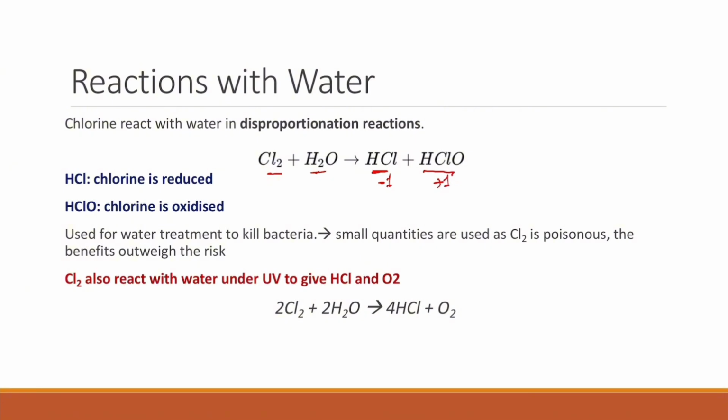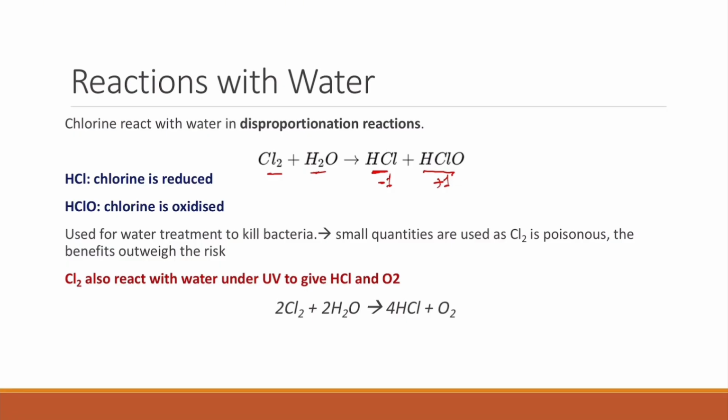So we add a tiny bit of chlorine, not too much chlorine, to water to kill the bacteria. And it's only added in small quantities because chlorine itself is poisonous, it's toxic. So when people drink water, if it has a lot of chlorine, they may get poisoned.